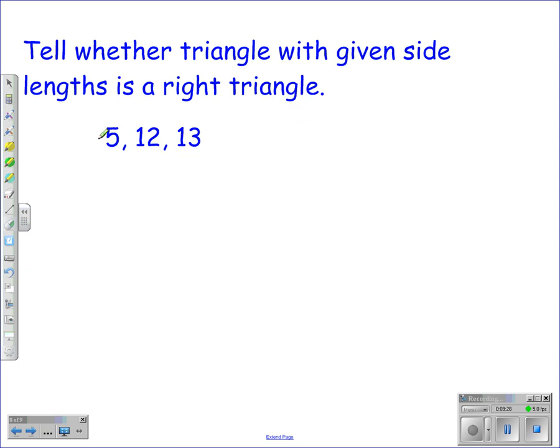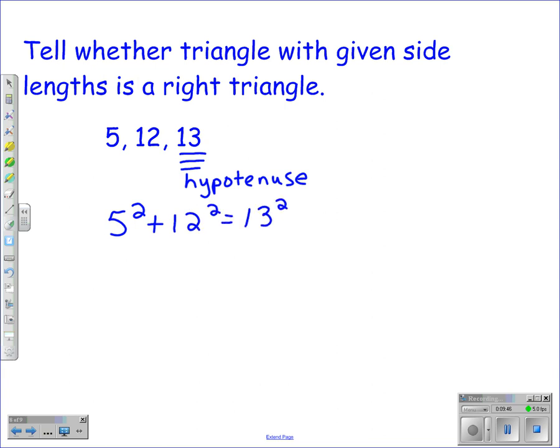Let's take a look at this one. We have 5, 12, and 13. Remember, our longest side is our hypotenuse. The longest side is always considered our hypotenuse. So we have 5 squared plus 12 squared equals 13 squared. 5 squared is 25, 12 squared is 144, and 13 squared is 169. 25 plus 144 gives us 169.